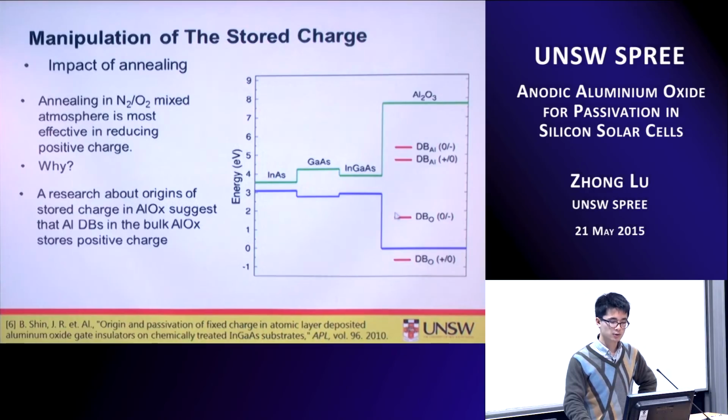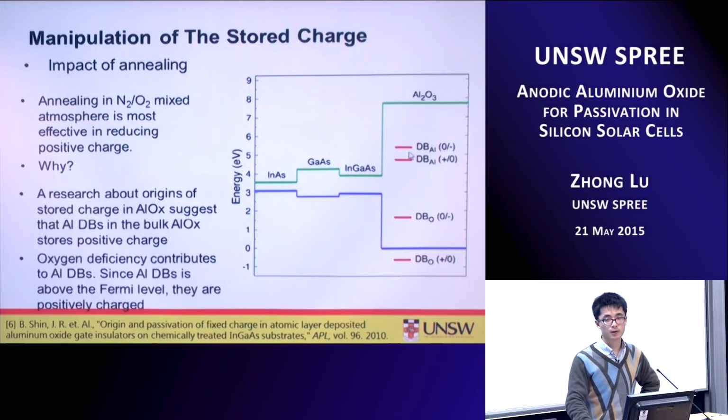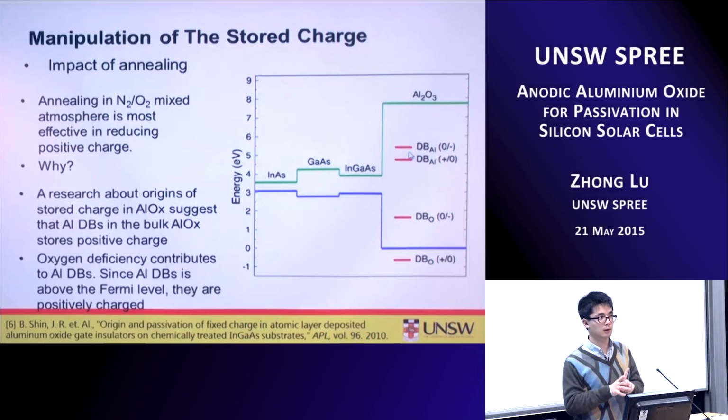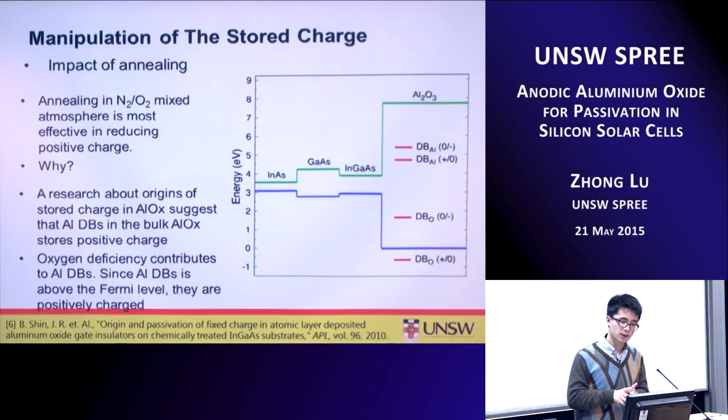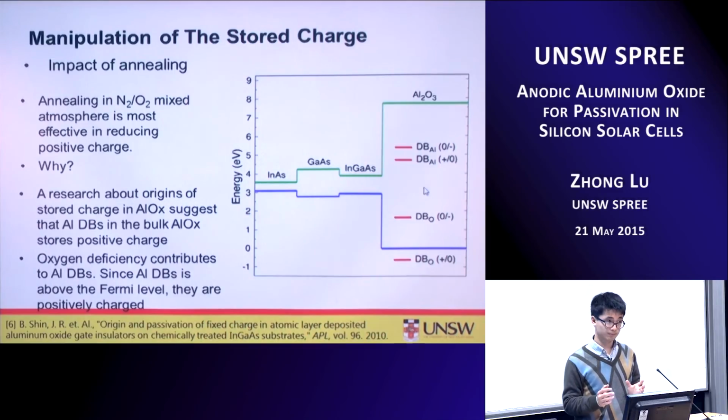when you have an oxygen deficiency, you would have aluminium dangling bonds in the volume of the aluminium oxide. If you look at this band alignment diagram, the aluminium dangling bonds are above the Fermi level of this structure, so they would be positively charged, which means they contribute to your positive bulk charge.